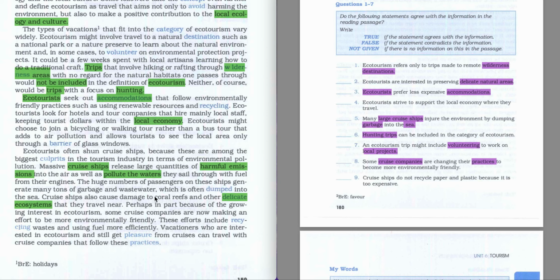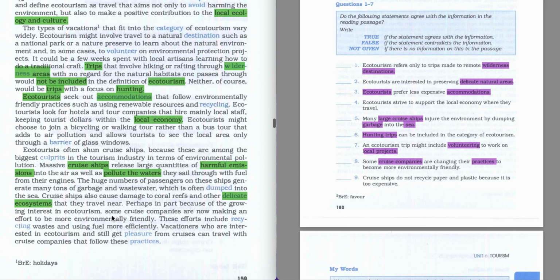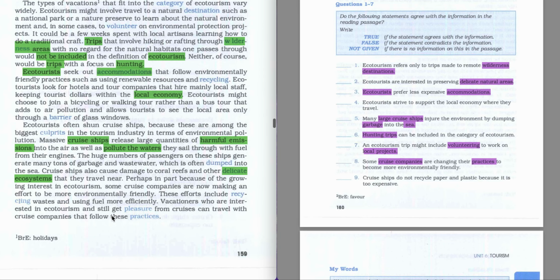First they were just talking about these cruise companies. Okay, from here after cruise ships, they mention cruise companies, and let's highlight this keyword, and they were saying something about environmentally friendly. This is supposed to be our answer.